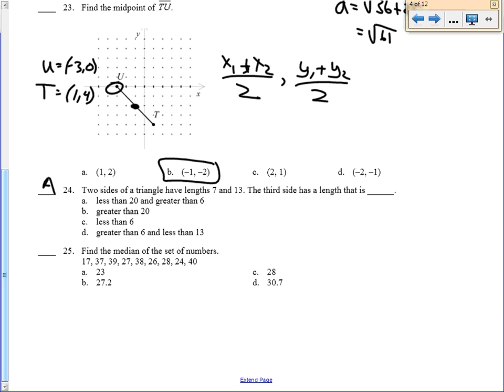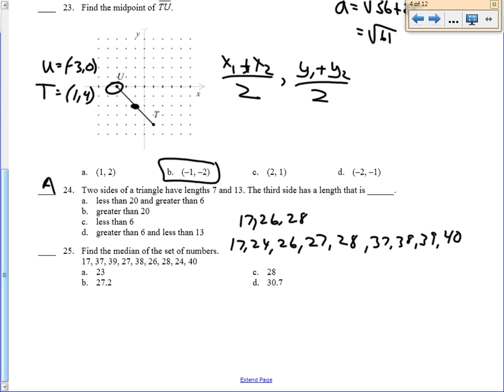So the first thing I would have to do is list them out: 17, 24, 26, 27, 28, 30, 37, 38, 39, 40.